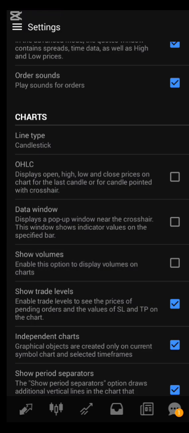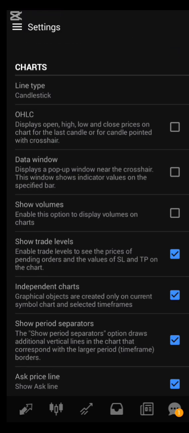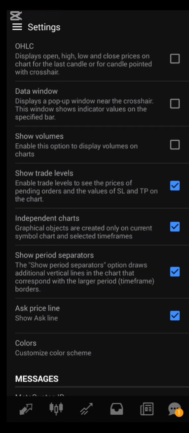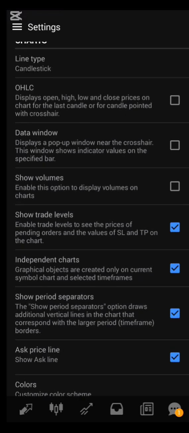So we can put that off. Now show trade levels. This would have been much possible if I was funded in this real life account, but nevertheless we are still going to do a video on this.